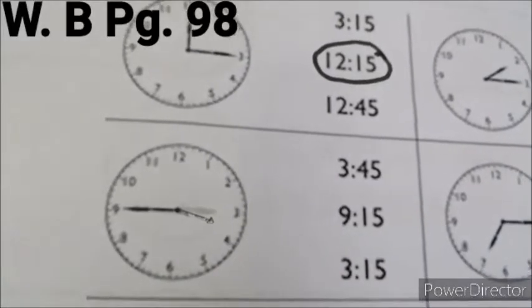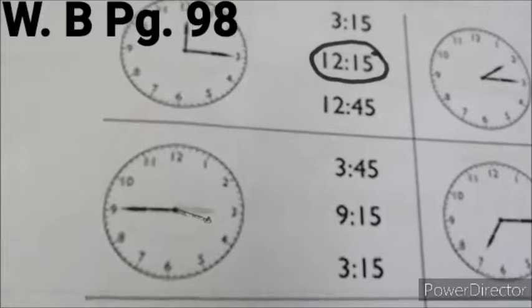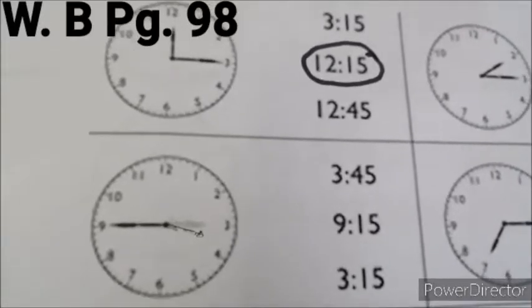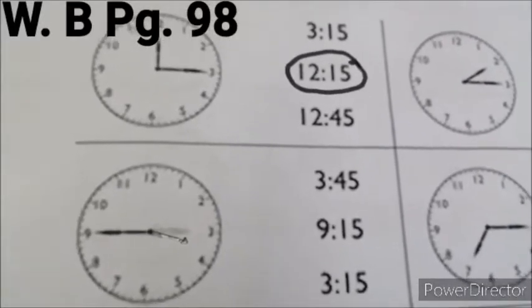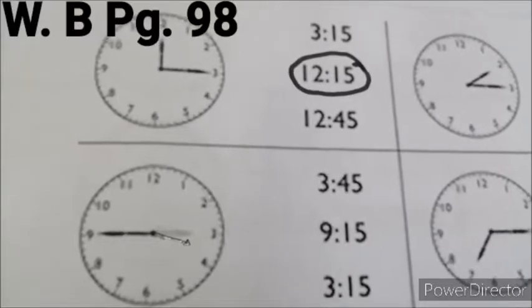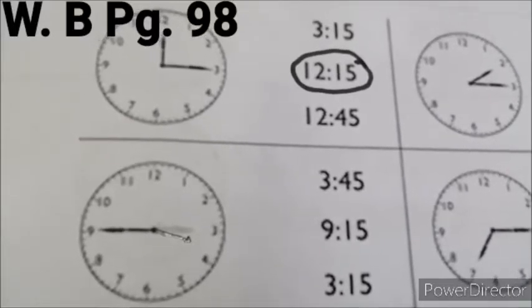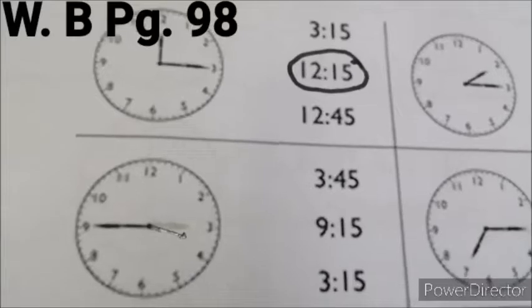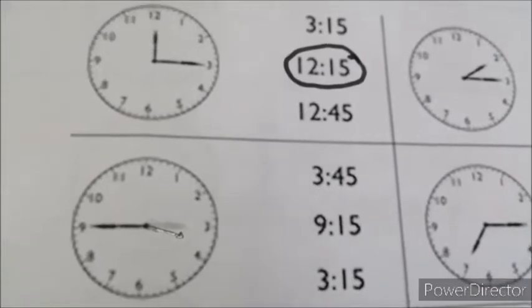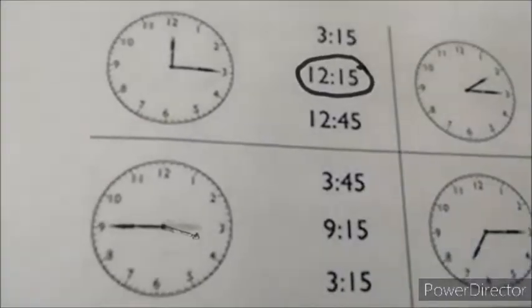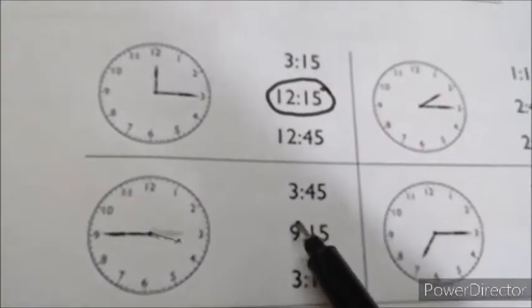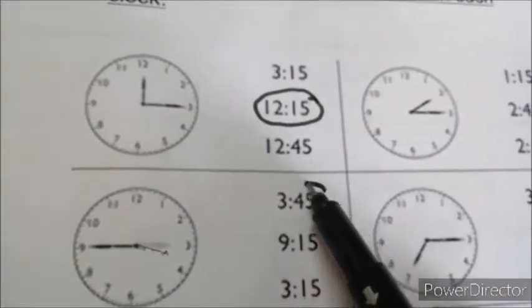It is between 3 and 4, so we have to say 3. The hour is 3. And what is the minute? The minute is 45. Why? 9 into 5. 5 nines are 45. So the time is 3:45. All of you circle 3:45.